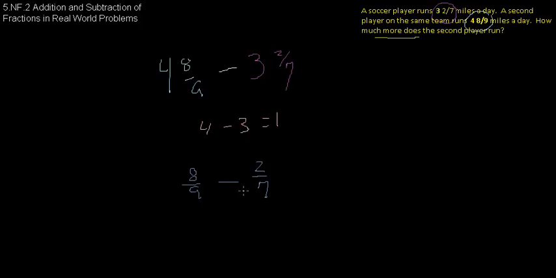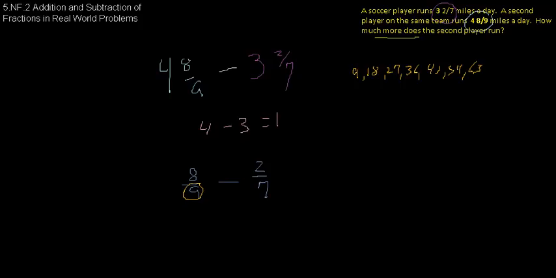Alright, so we need to find the least common multiple. We have 9. So 9, 18, 27, 36, 45, 54, 63.